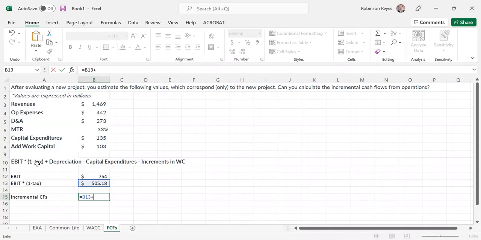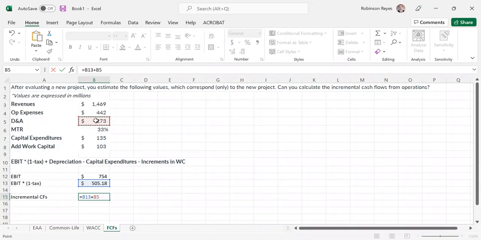Once we have this, we will add back the depreciation because it is a non-cash expense. The only reason why we subtract it is so that the taxes are calculated correctly, but then we need to add it back because depreciation was never actually spent, or money was never actually going out of the company because of depreciation.